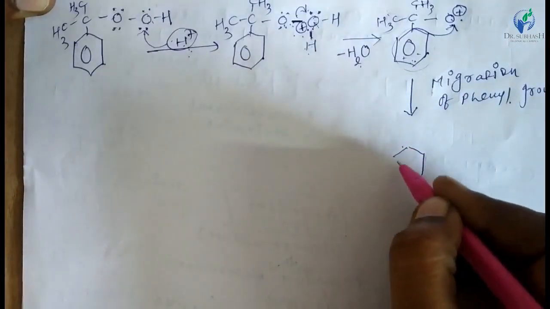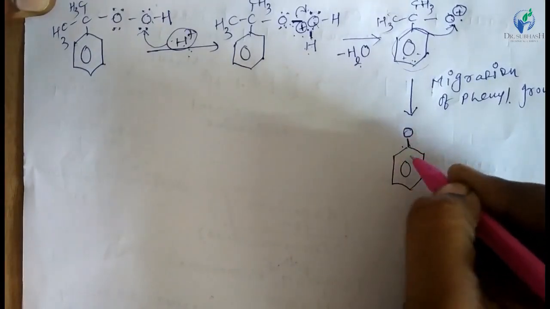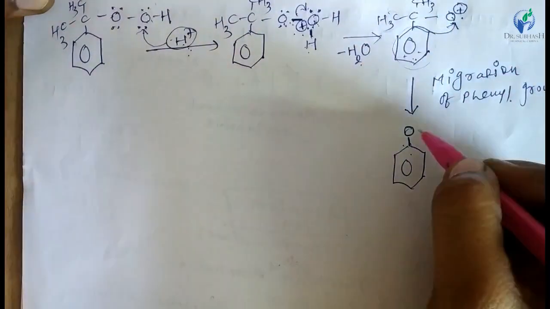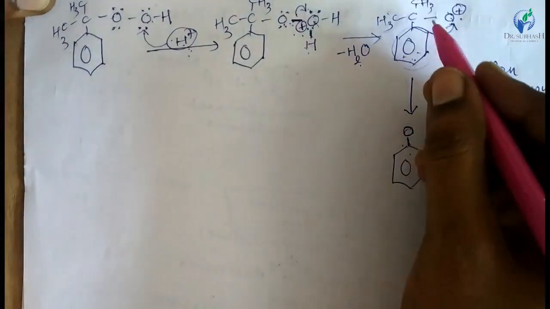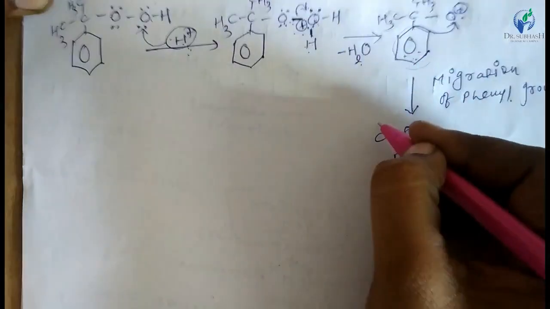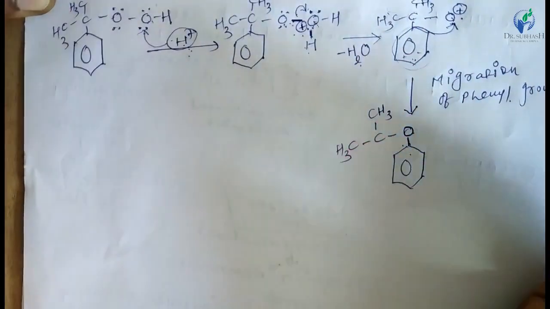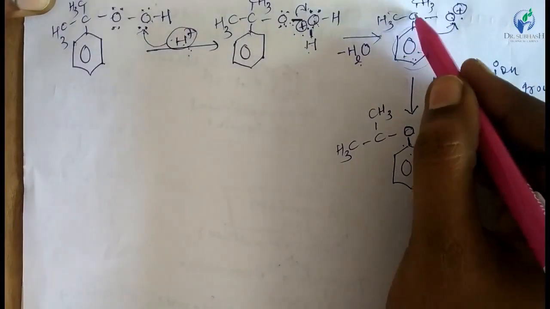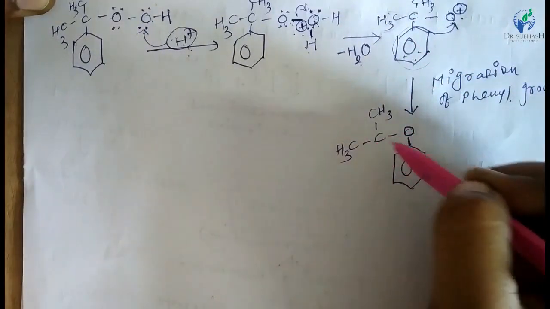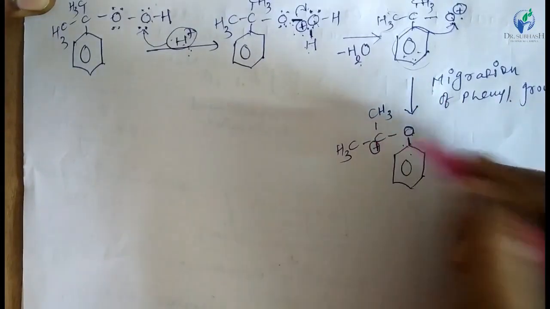And it forms the molecule. Here this ring migrated to the oxygen, right? Now the group attached with this oxygen atom remains as such. See, CH3 and CH3, right? But this phenyl ring from this carbon migrated to this oxygen, that's why this carbon acquires the positive charge.